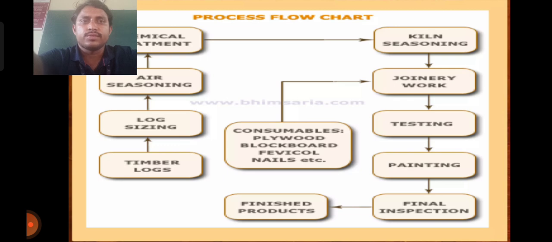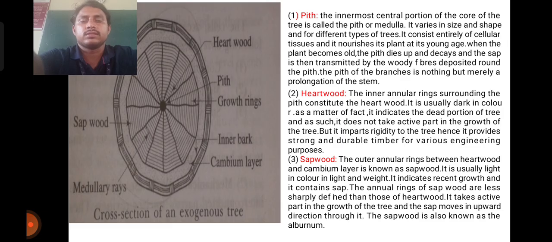This is one side of the elements in the process flowchart, and the other side is chemical treatment, air seasoning, log sizing and timber logs. These names are indicated and will be explained in the next slide.